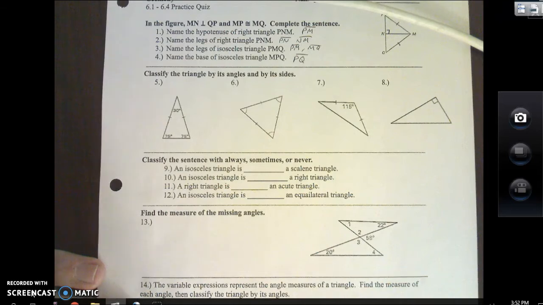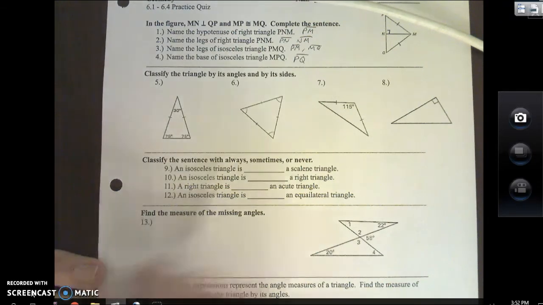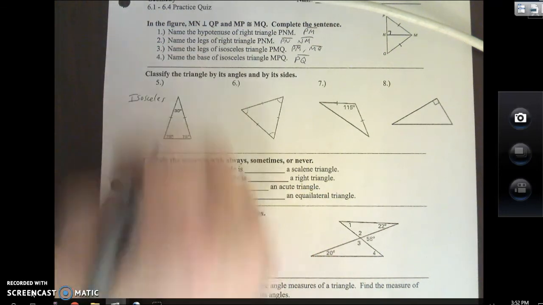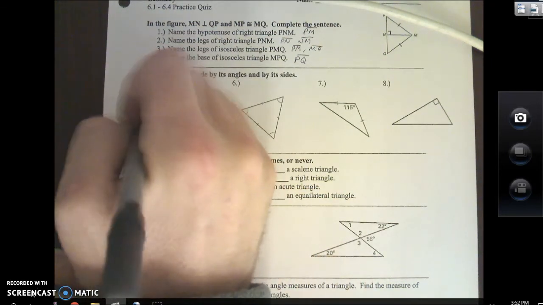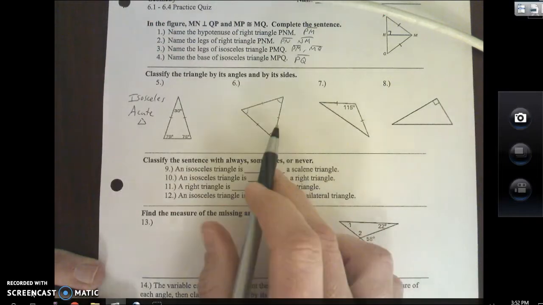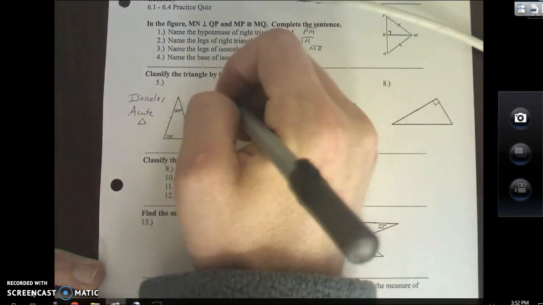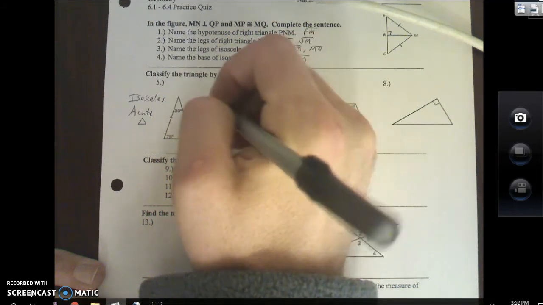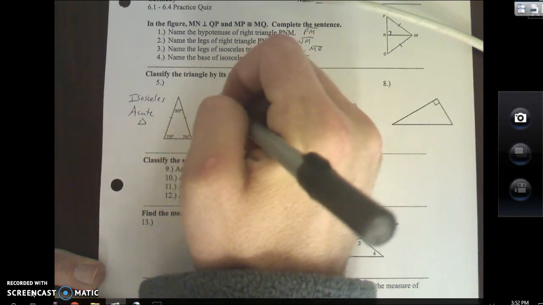Classify the triangle by its angles and by its sides. So you're looking for two words here. First one, I have two sides the same: isosceles. And then all the angles are less than 90: acute. Next one, all three sides, all three angles the same: equilateral, equiangular triangle.